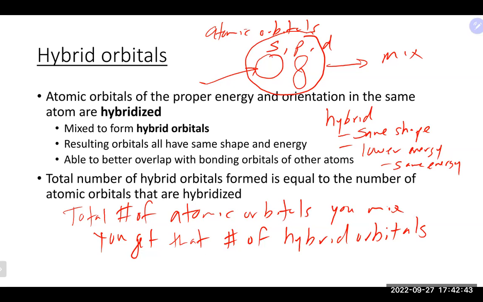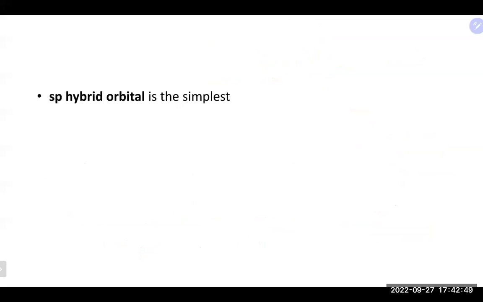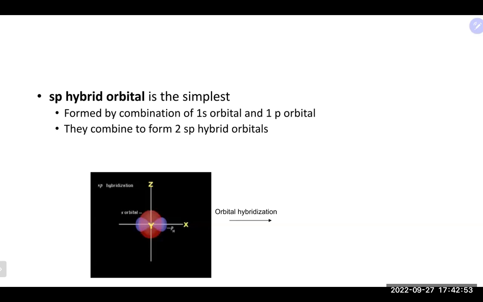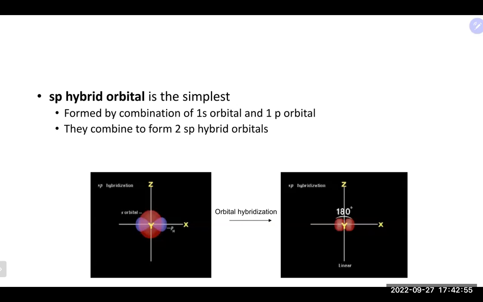So let's take a look at some of these hybrid orbitals and hybridization and how we go through it. Really, the simplest hybrid orbital that you could have is what is referred to as the sp hybridized orbital. Now, hybridization follows the electron pair geometry.